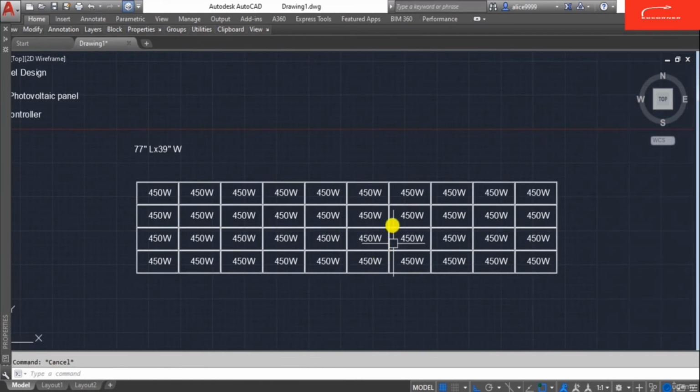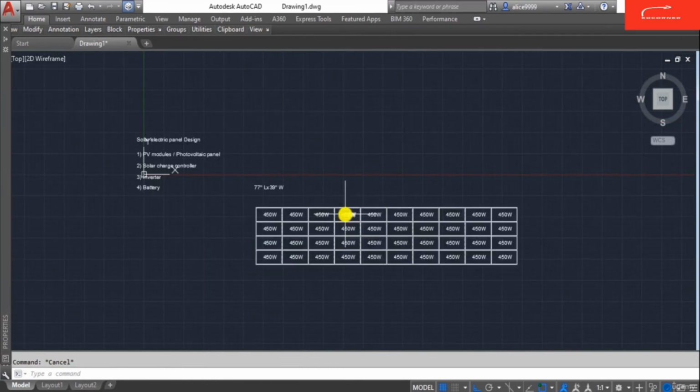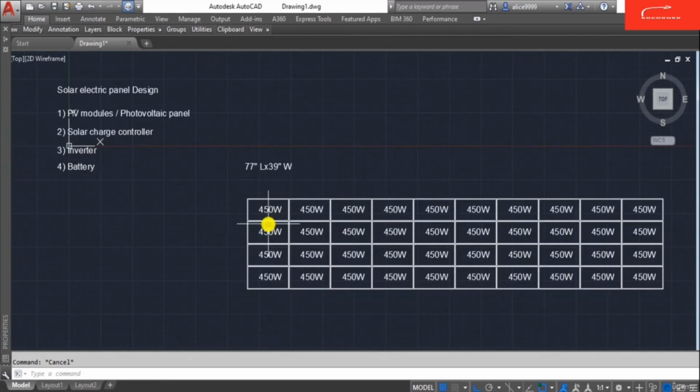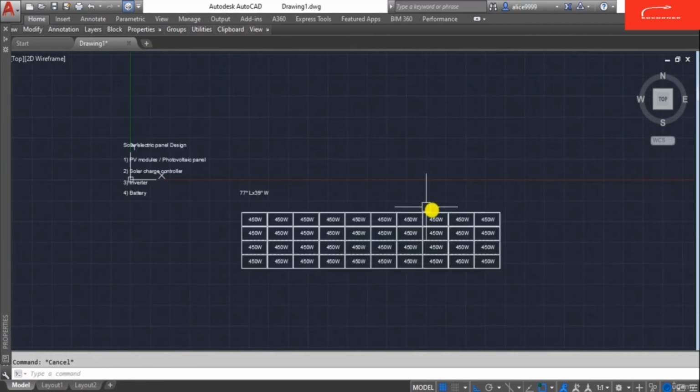So these are the 40 panels for the entire building, so from here to here the total length of the building must be more than 20 meter, so that the panels can be arranged accordingly.